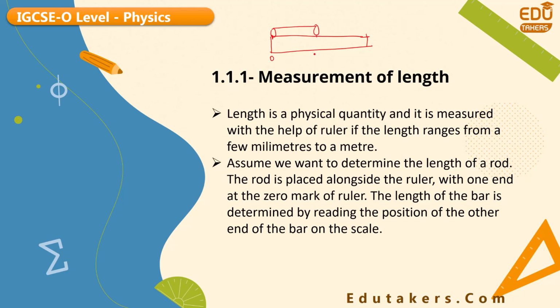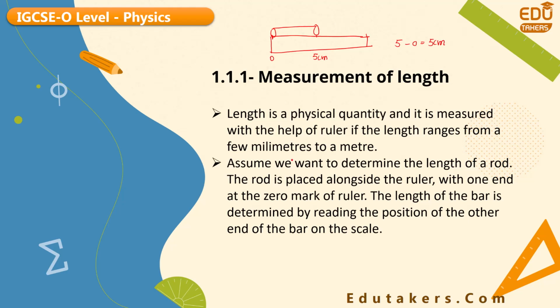Suppose that here is 5. Then the total length of this rod would be 5 centimeter, which is the final reading, and the initial is 0. So final reading minus initial reading, which is 5 minus 0, is 5 centimeter. So in this case, the length of the rod is 5 centimeter.